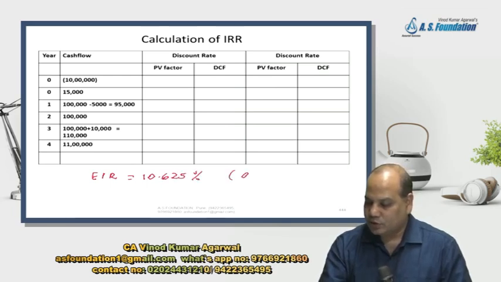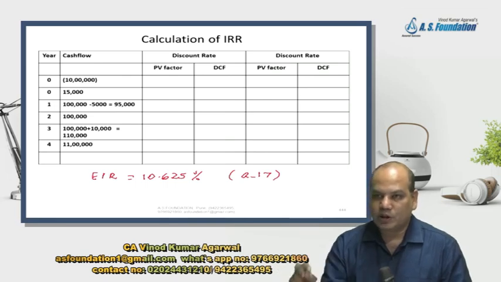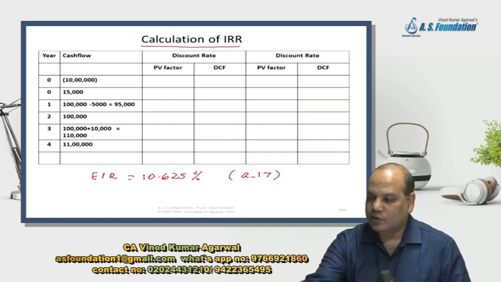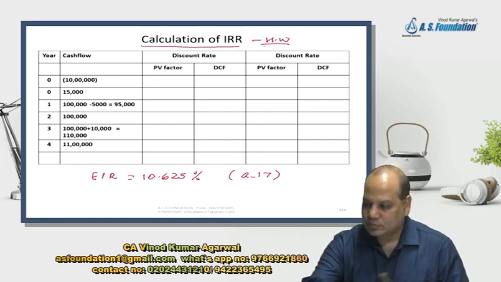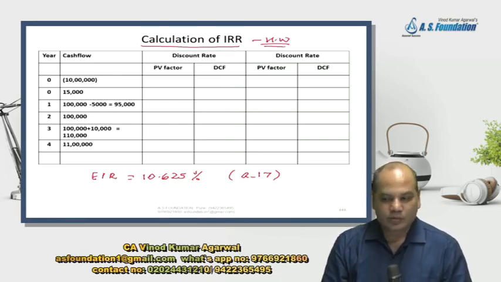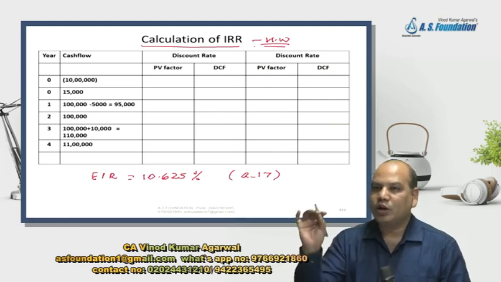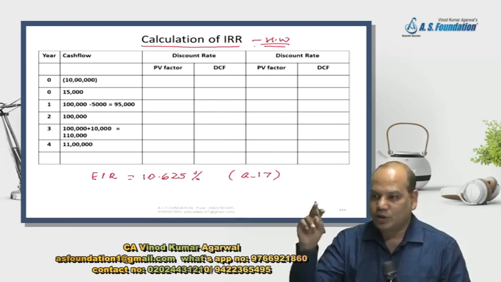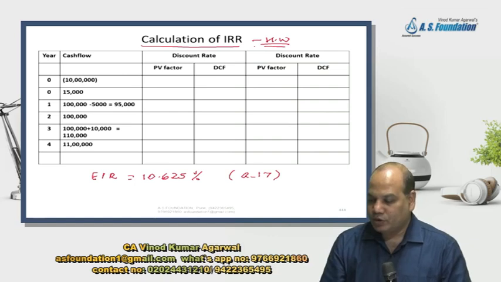Dear student, we have solved this question number 17, the same problem in the books of B Limited. So calculation of IRR, write homework. Copy from there, and then you write down the ledger account. So step 1, calculate IRR in the notebook: 10.625%.